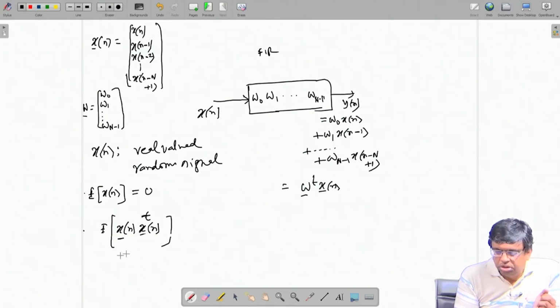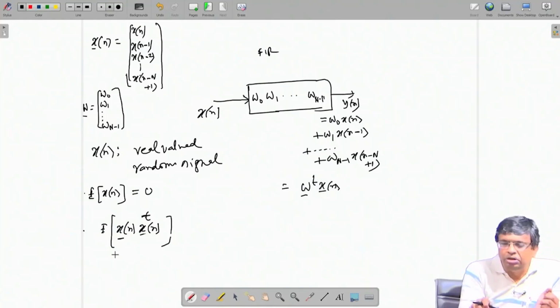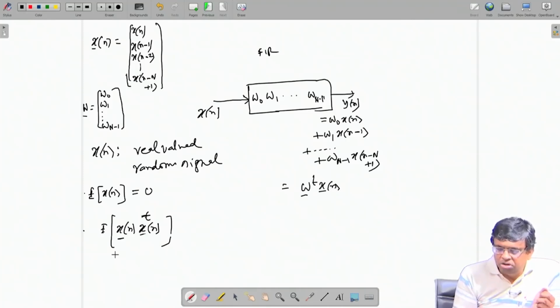This is transpose. So, column vector into a row vector. So, x n into x n, that is x square n, x n into x n minus 1, x n into x n minus 2, dot dot dot. That is called the autocorrelation matrix, that is given to be R.